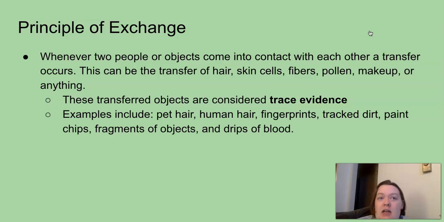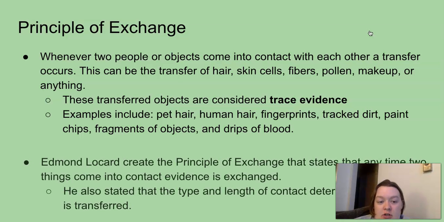I didn't pet the cat. I had nothing to do with the cat, but I had cat hair on me because the cat touched the chair. It transferred to the chair. I sat in the chair. The hair transferred to me. Things are always exchanged. It can be very, very small. You might not even know it's there. But whenever two things come into contact, some type of evidence is exchanged.